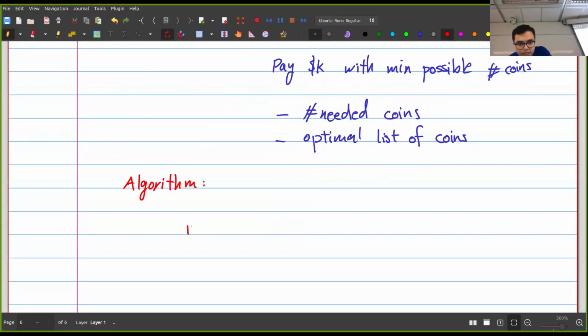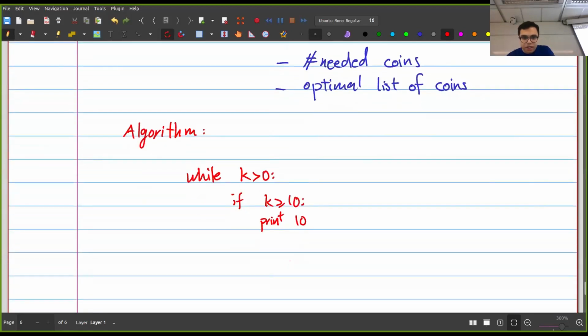It just says, as long as K is positive, as long as I have to pay something, just check. If I have to pay at least 10, if K is at least 10, then print a 10 or output a $10 coin and decrease K by 10.